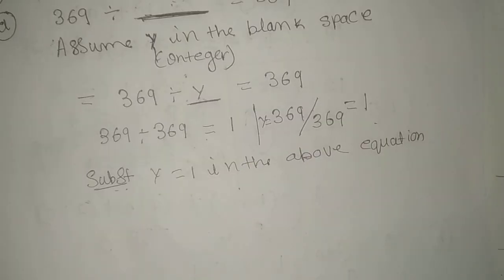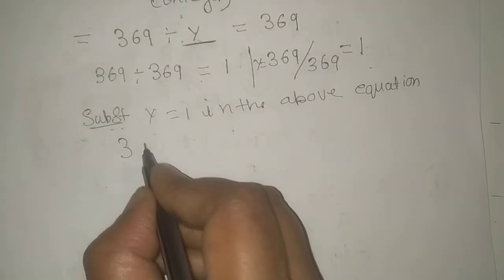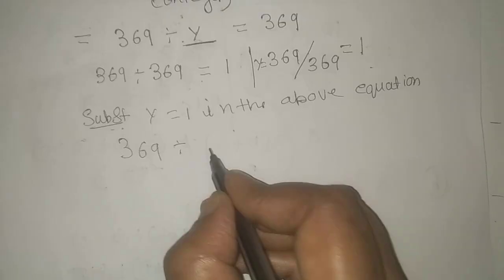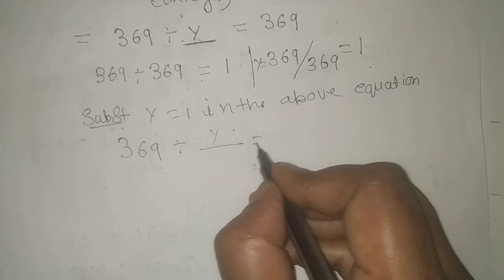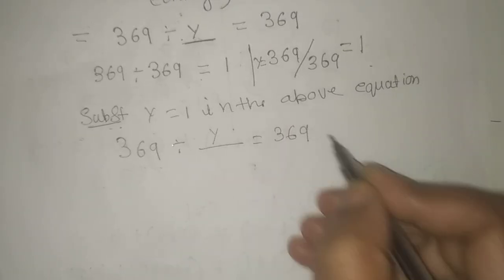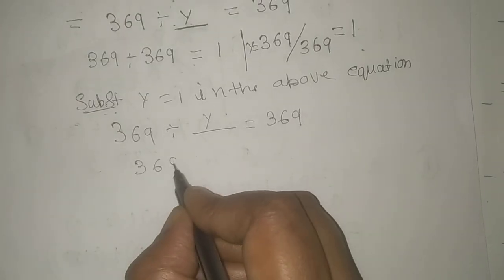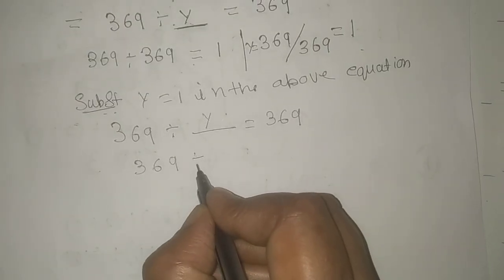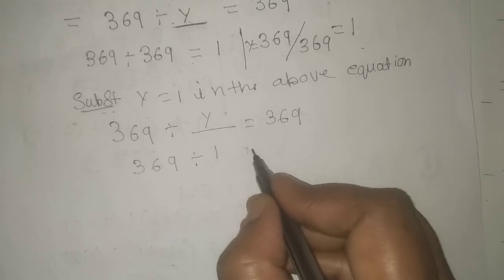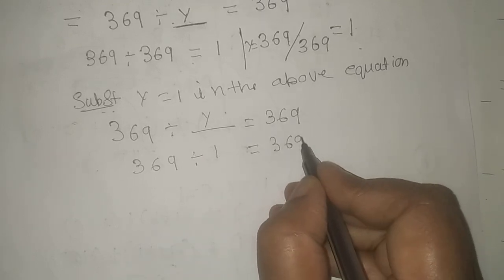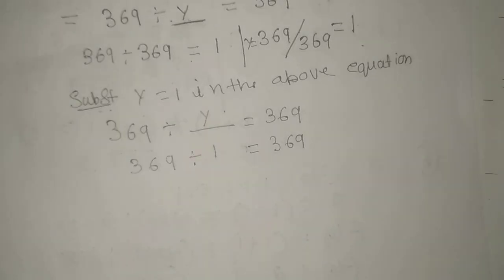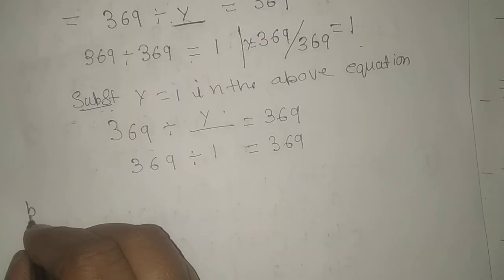What is the given equation? Given equation is 369 divided by dash is equal to 369. Therefore, 369 divided by 1 is equal to 369. So this is how to solve the problem.